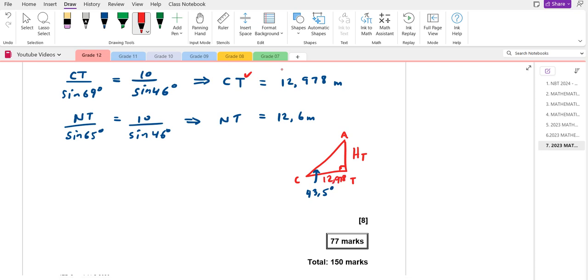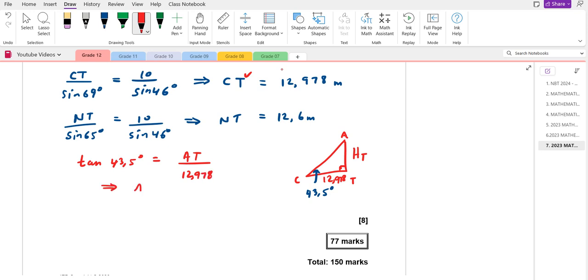So you can use opposite over adjacent: tan 43,5 is equal to 80, the height of the tree, over 12,978.